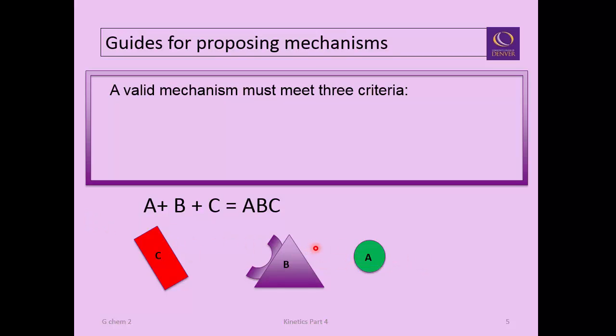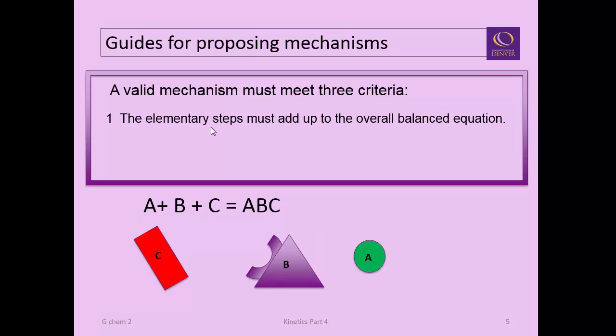So if I was talking about what mechanism would make sense, first off, the elementary steps must add up to the overall balanced equation. Whatever I come up with for steps, when you go through that process of stacking them, canceling things that are common between reactants and products, and getting a net overall equation, the steps have to equal the overall balanced equation that you use for stoichiometry and thermodynamics.